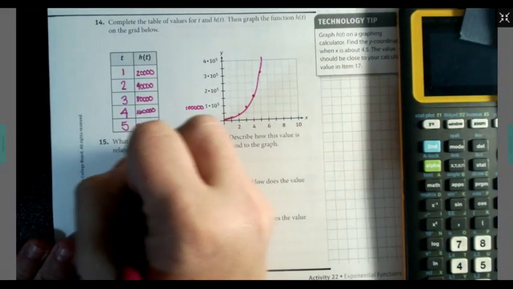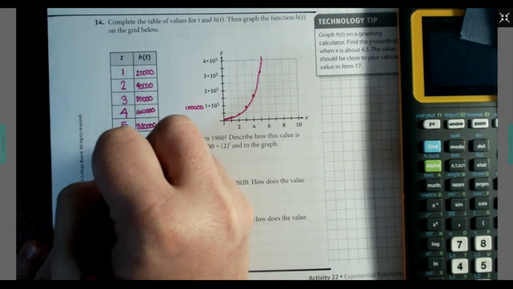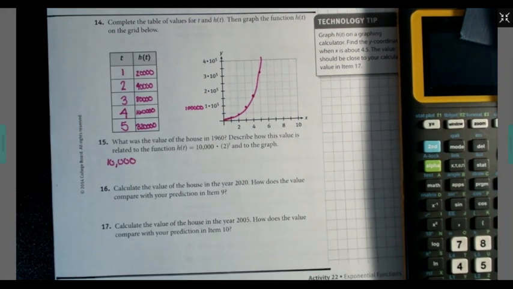So the value of the house in the beginning was 10,000. And that's representative in this function as the number being multiplied by the power.